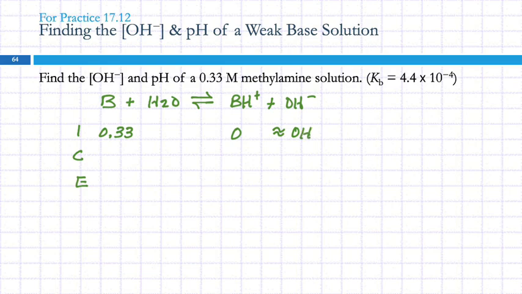That's a 0, right? And then what are the changes? How does B change in terms of X? It's going to lose X, right? And how about BH plus? We'll gain X. And OH minus? We'll also gain X. So then we add the initial and the change rows.